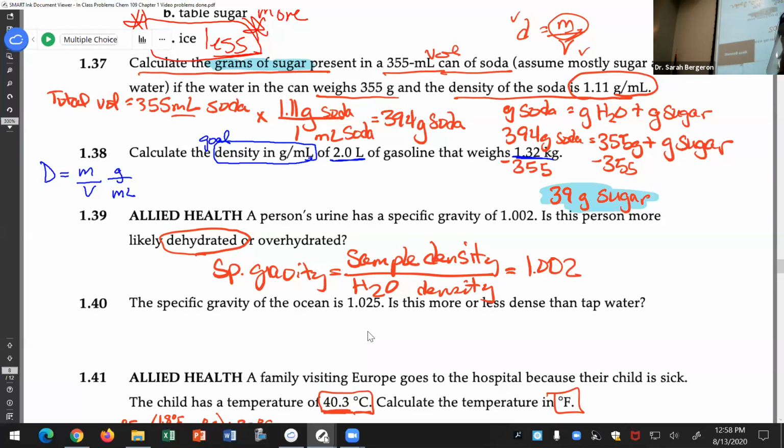So you have to make sure that you get to the correct units when you do this, right? So if I just did this, my density, I'm going to put my mass is 1.32 kilograms over 2 liters. If I just divided that, what are my units? Kilograms per liter. Now, technically the math works out on this one, so I don't really like it so much as an example, because there are other problems where you do have to convert or you're going to get the wrong answer. So let's go ahead and convert.